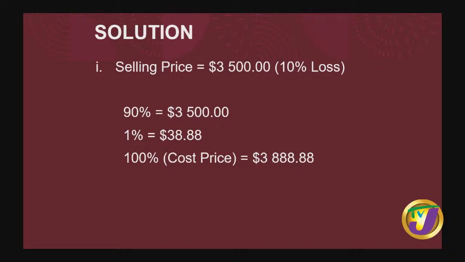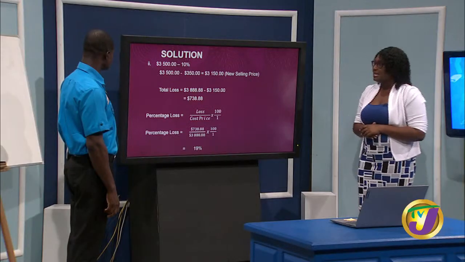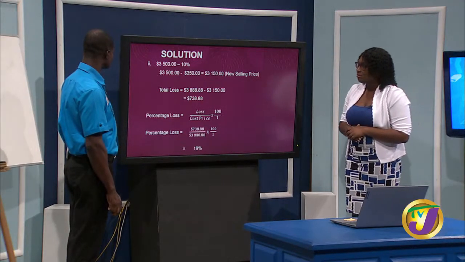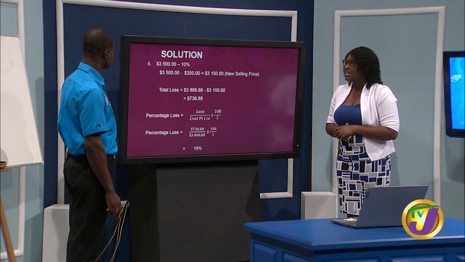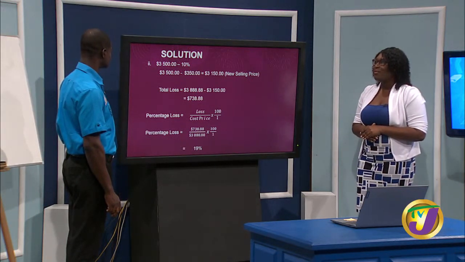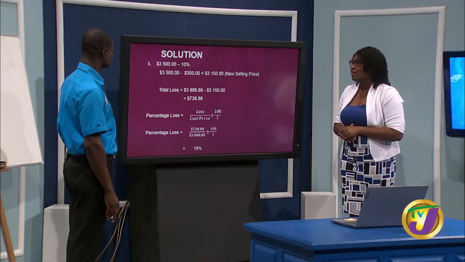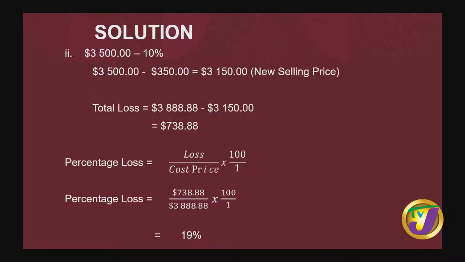So let's see. If I sold my shoes for $3,500 and I bought them for $3,888.88, it means that I would have sold the shoes for $738.88 less.